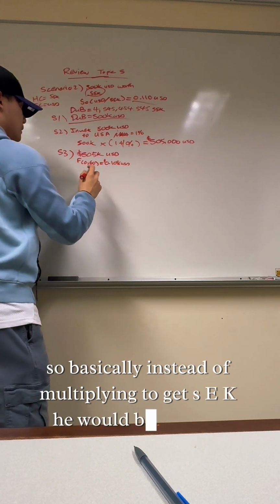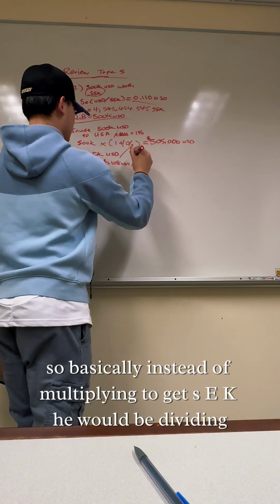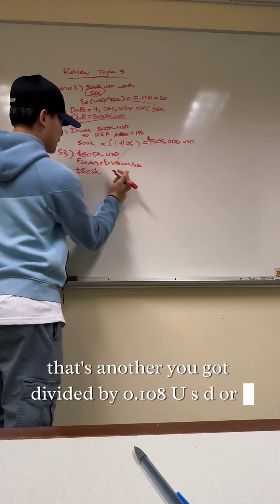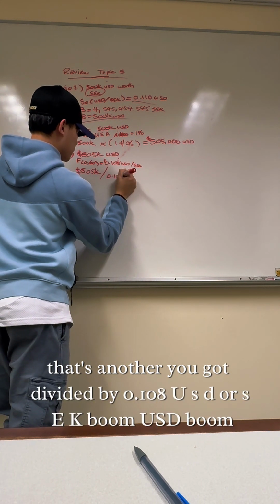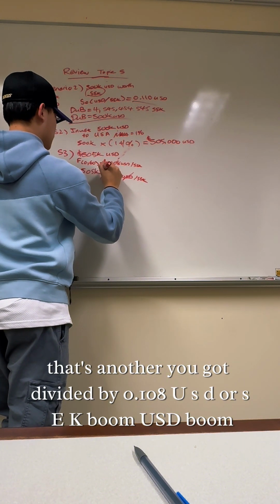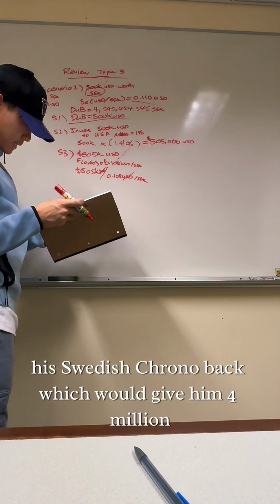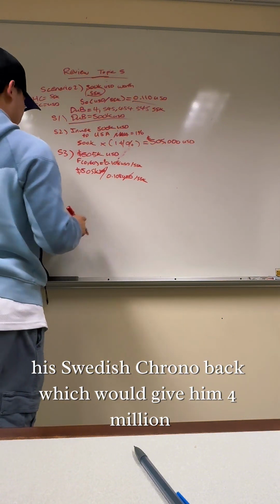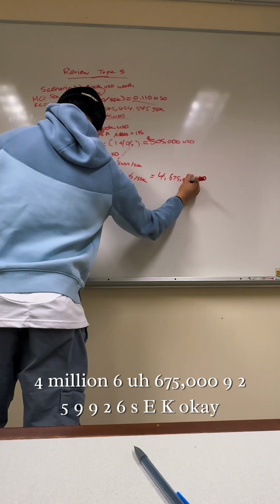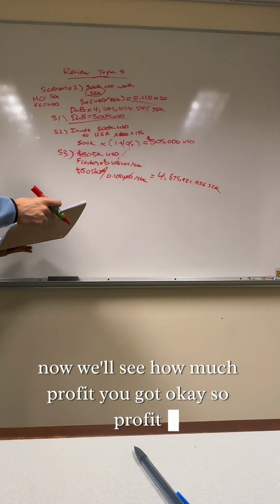So instead of multiplying to get SEK, he would be dividing. 505,000, the amount that he got, divided by 0.108. Boom. So this would give him his Swedish krona back, which would be 4,675,925.926 SEK.